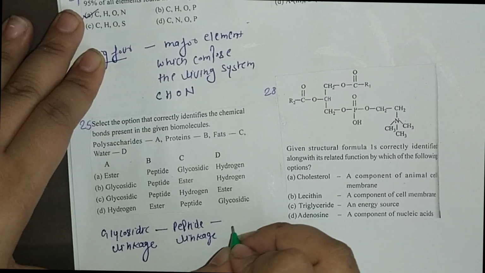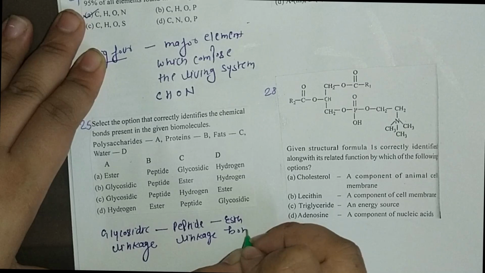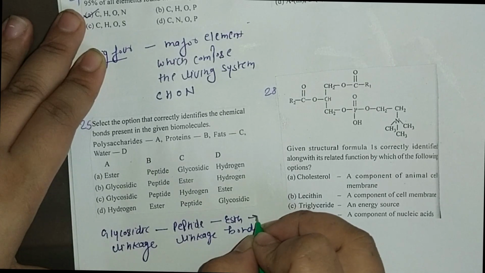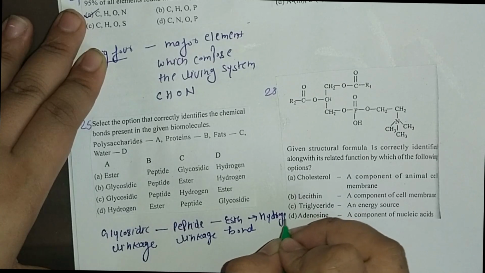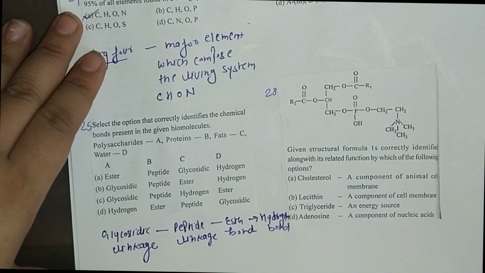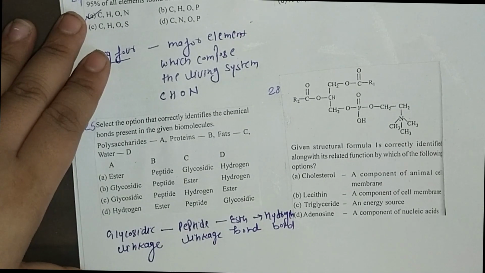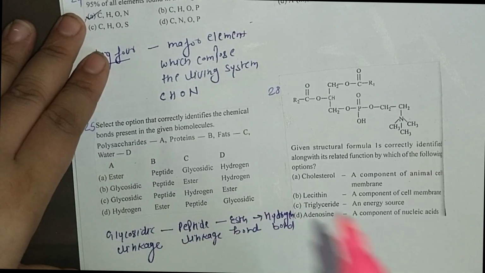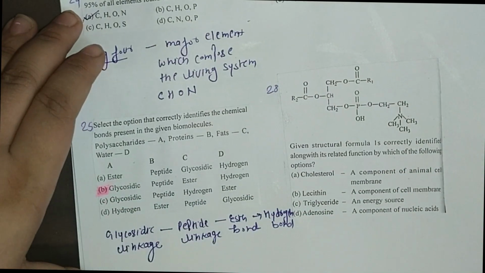Next, fats, they have ester bonds. And water is bound by hydrogen bond. I don't think I have to explain the structure of glycosidic linkage. So the correct answer will be glycosidic, peptide, ester and hydrogen. B is the correct answer.